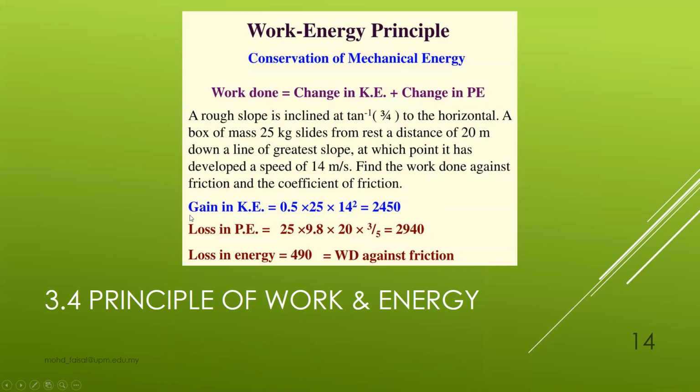Moving on to the principle of work and energy, 3.4, the principle of work and energy, or work energy principle. Work done is equal to change in the kinetic energy plus change in potential energy. This is one of example.